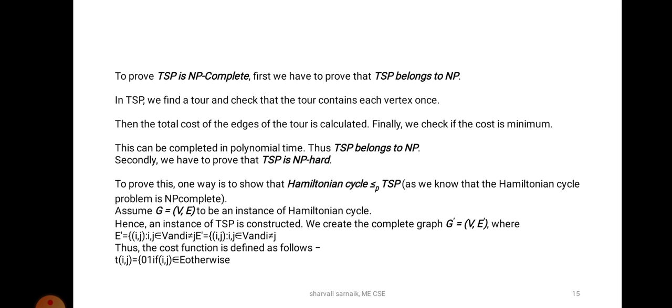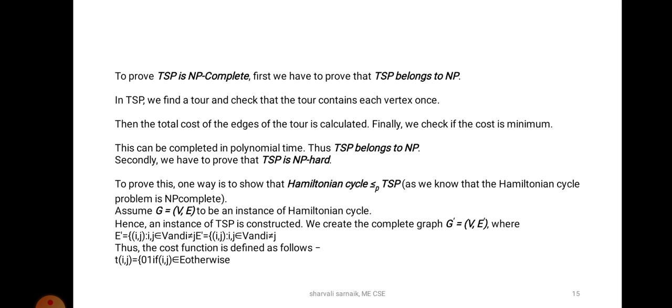So assume there is a graph having vertices and edges, G equals (V, E), to be an instance of Hamilton cycle. Hence an instance of TSP is constructed. We create the complete graph G dash (V, E dash), where E dash consists of pairs (i, j). i and j are adjacent nodes that belong to E. Thus the cost function is defined as t(i, j) equals 0 if (i, j) belongs to E, and 1 otherwise.